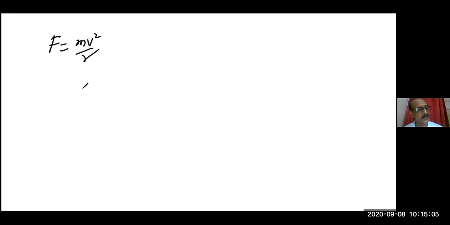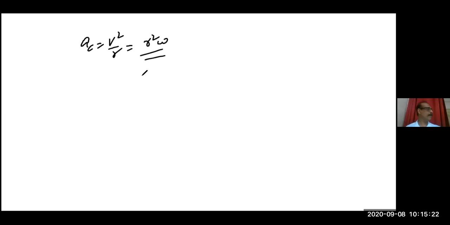Isn't it? Sir, it's acceleration. So v squared by r. Centripetal acceleration is v squared by r or r omega squared. Did you answer that?